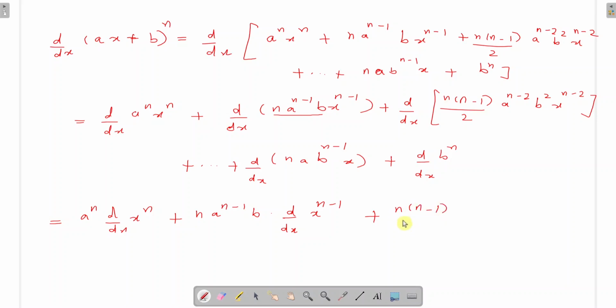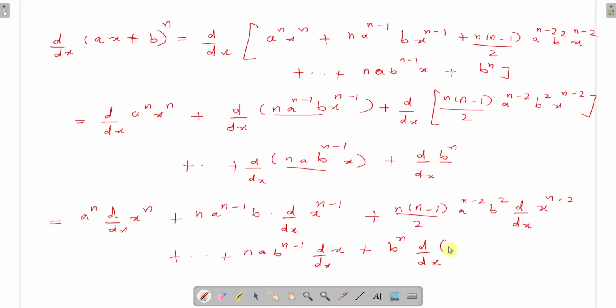So n times n minus 1 divided by 2 a raised to n minus 2 b raised to 2 times the derivative of x raised to n minus 2, and so on, plus, now this is the constant, so that will come out of the derivative, n a b raised to n minus 1 times the derivative of x, plus, this is a constant here, so that will come out of the derivative, b raised to n times the derivative of 1. Okay, because whenever this constant comes out, there is no other term, so the derivative of 1 will remain here.